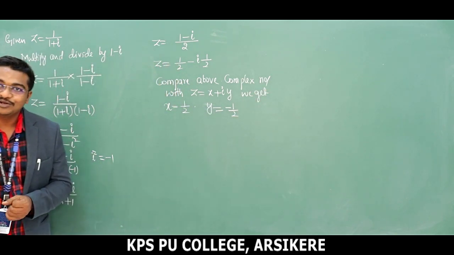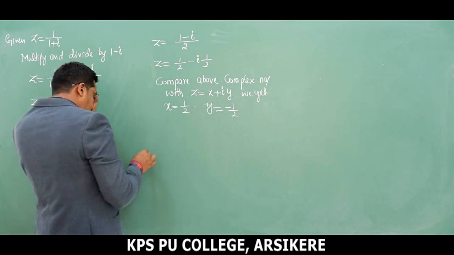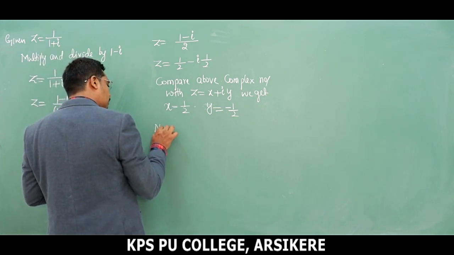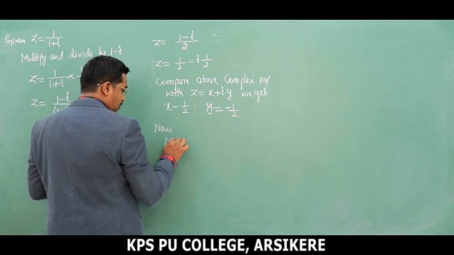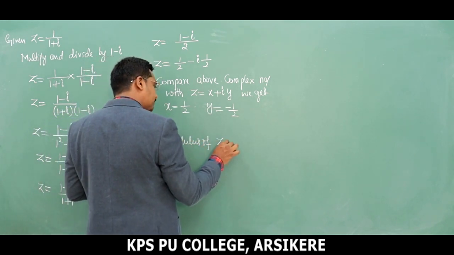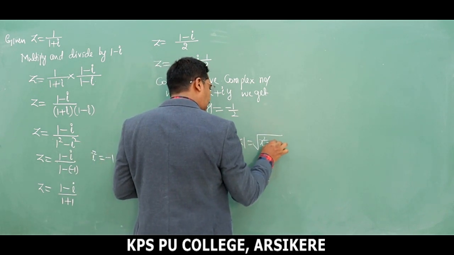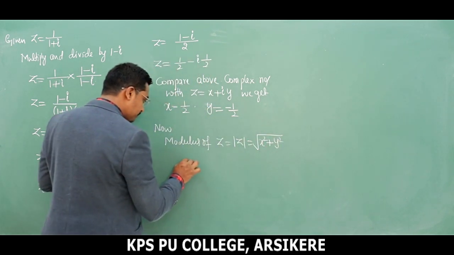x is equal to 1 by 2 and y is equal to minus 1 divided by 2. Now find modulus. Modulus of z is mod z is equal to root of x square plus y square.